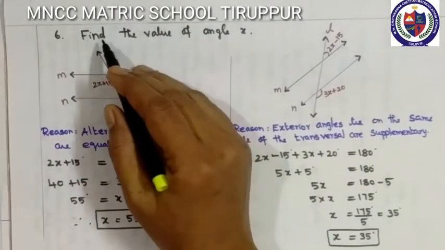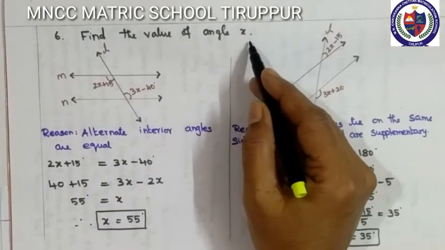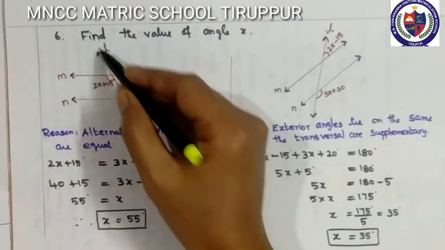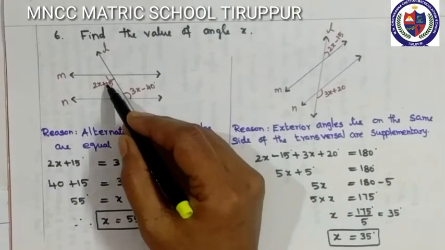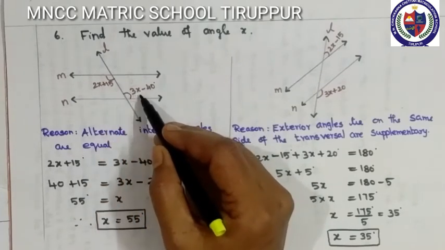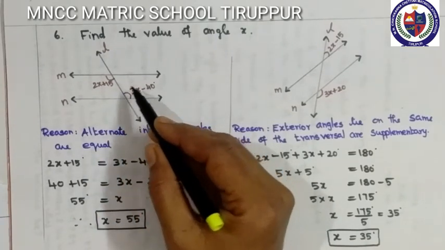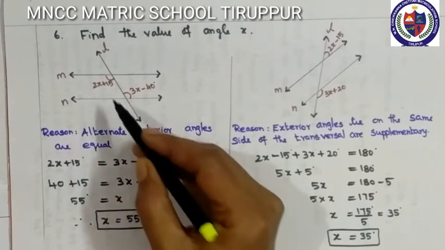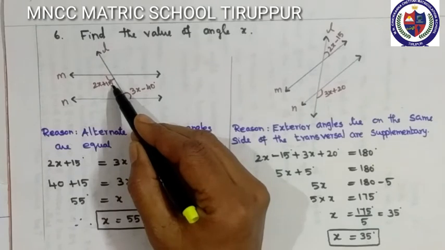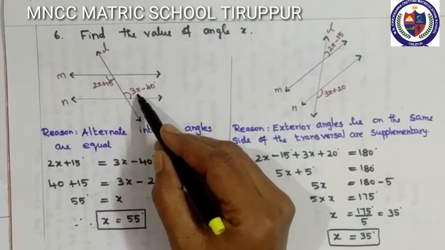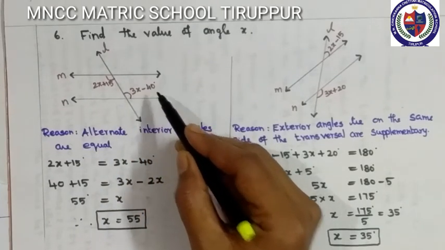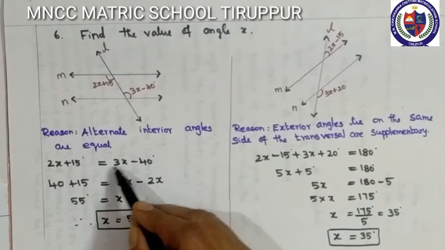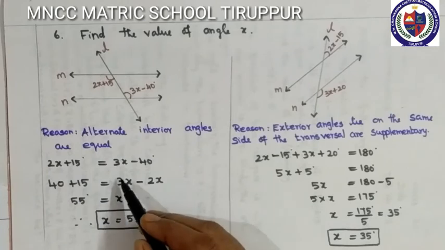Sixth sum. Find the value of the angle X. Listen. M and N are parallel lines, L is the transversal. These two angles are alternate interior angles. Reason: alternate interior angles are equal. So 2x plus 15 degrees equals 3x minus 40 degrees. Variable on one side, numbers to the opposite side.